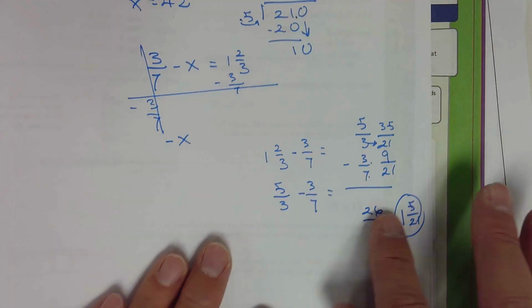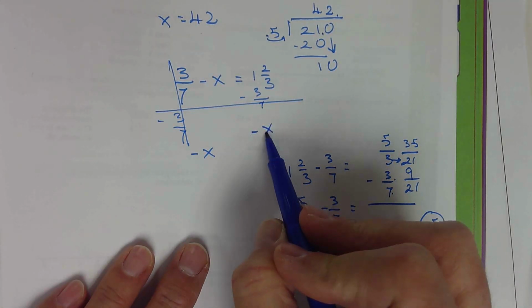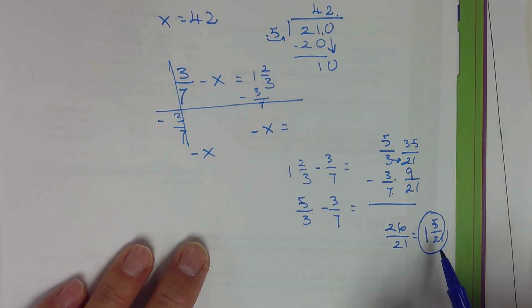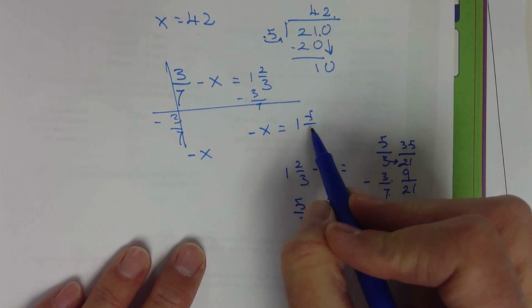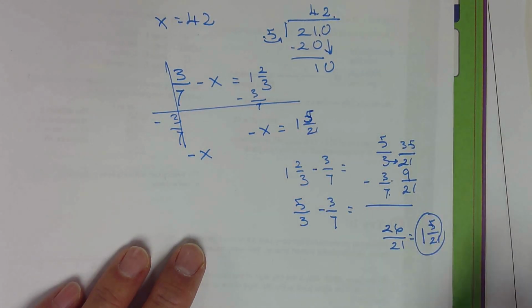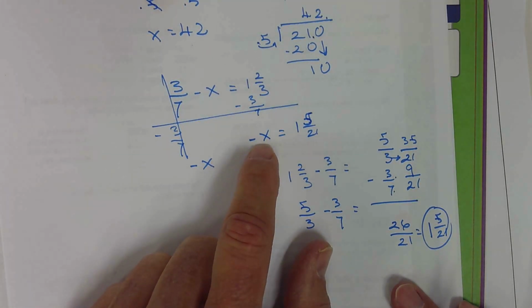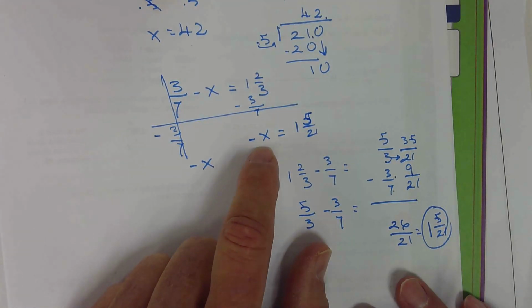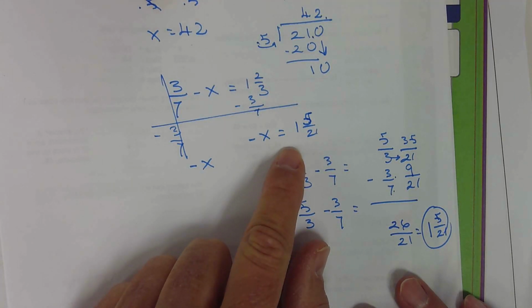So let me go back to this here. It was negative x equals 1 and 5 over 21. On occasion, and I'm not sure if there's going to be any in this lesson, you never want to leave the variable negative.